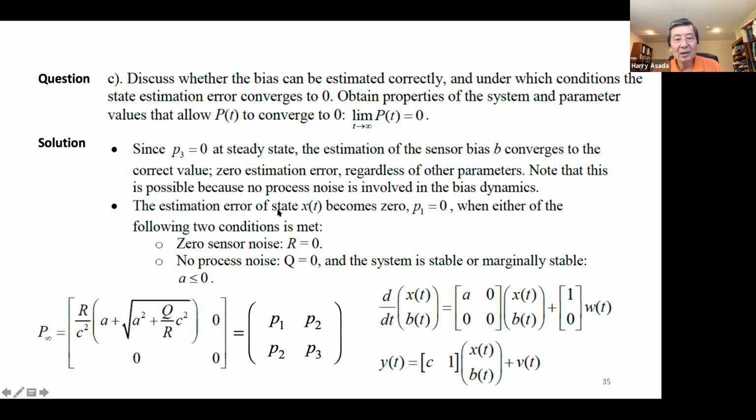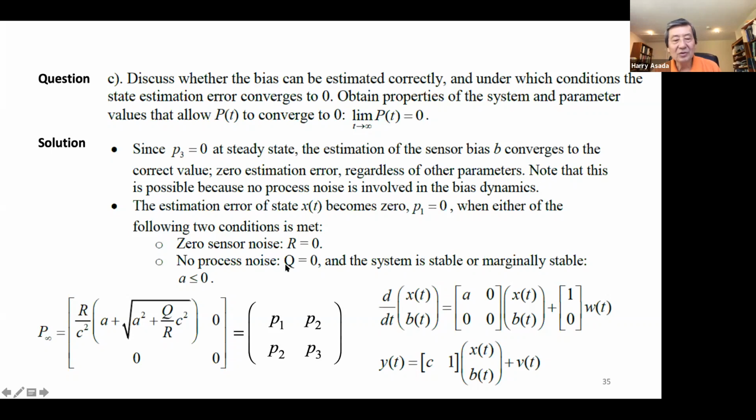The estimation error of state x(t) becomes 0, P1 becomes 0, when either of the following two conditions is met. One is 0 sensor noise, R equals 0, but that's not feasible. But if R is extremely small, that's good.